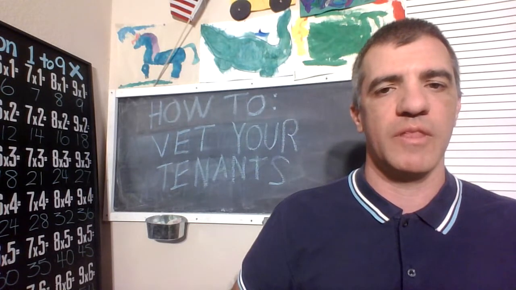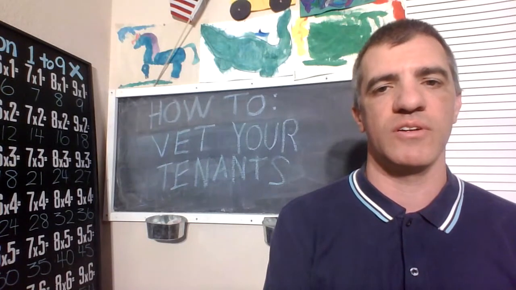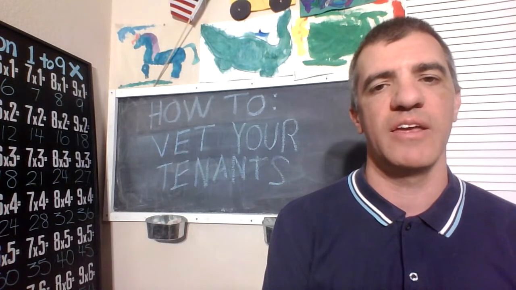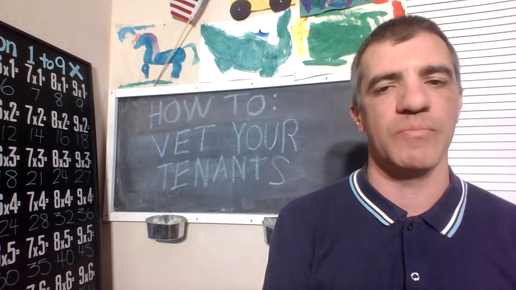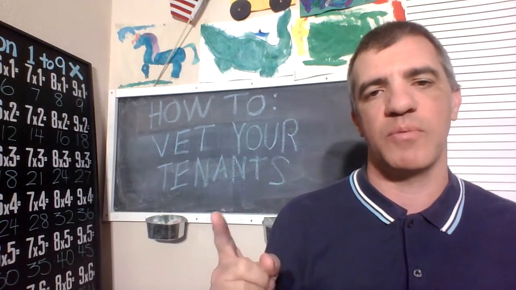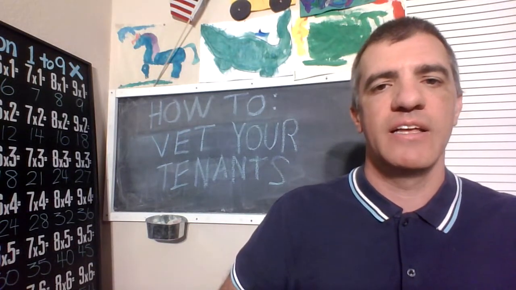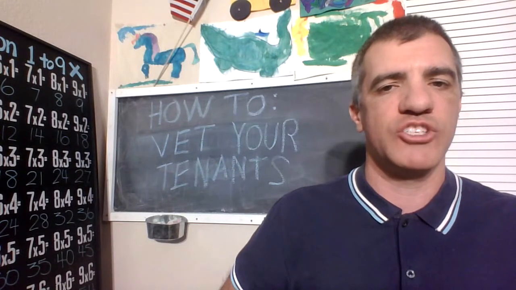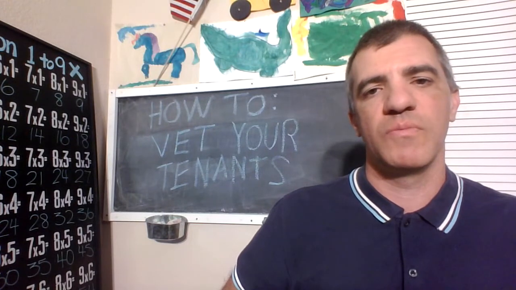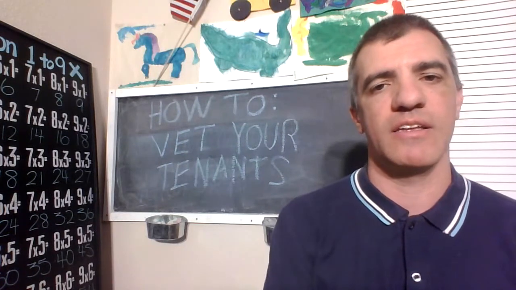If they're not going to pay their phone bills or their credit cards or their car loans, then why are they going to pay your rent on time? So I look for mainly those two things: any prior evictions, and if they have just a really bad credit history of collections and derogatory accounts and a continual history of paying things late. Those are the main things that I look for.